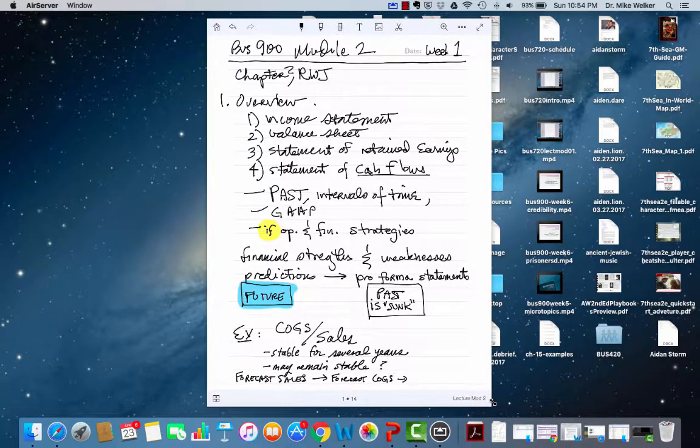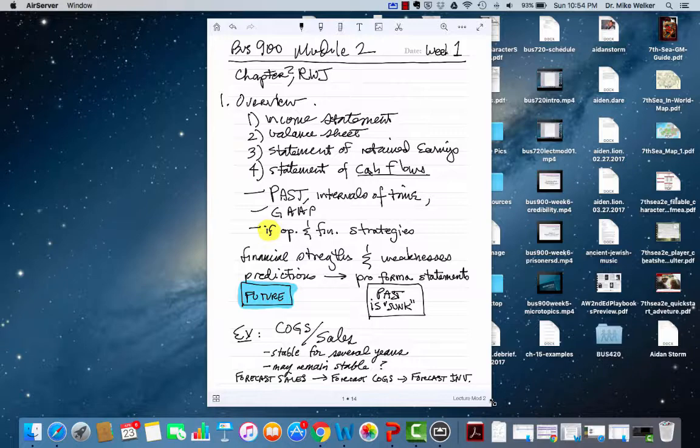We could then forecast inventory needs. We might look at inventory turnover over the past few years. If it's constant, then we can use that to predict inventory levels.